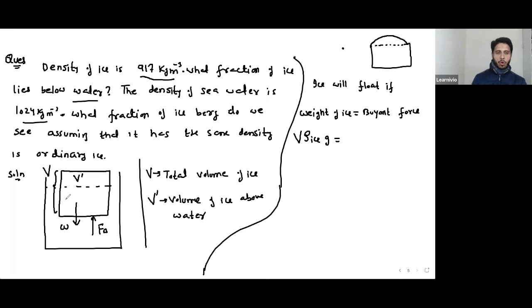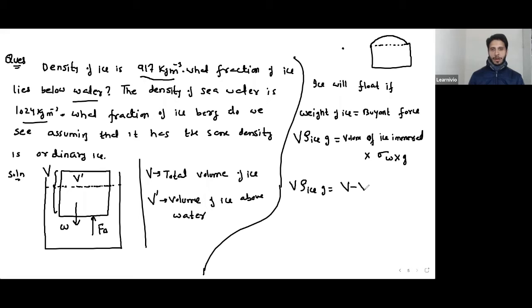So Sania, what volume of the ice is immersed? This will be V minus V prime. This is the immersed volume.